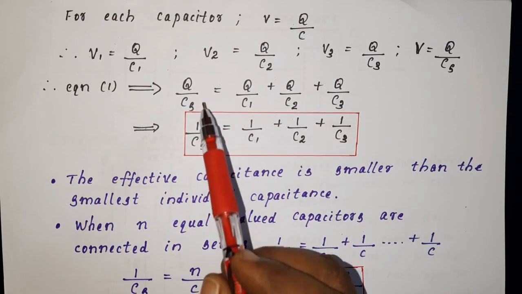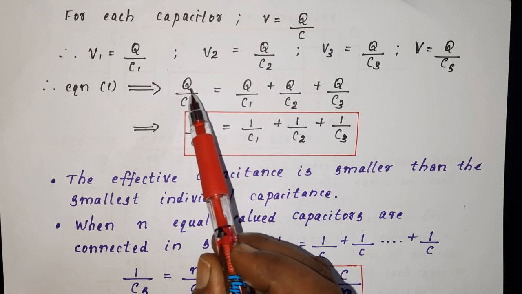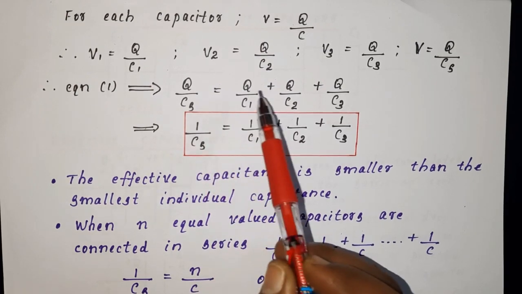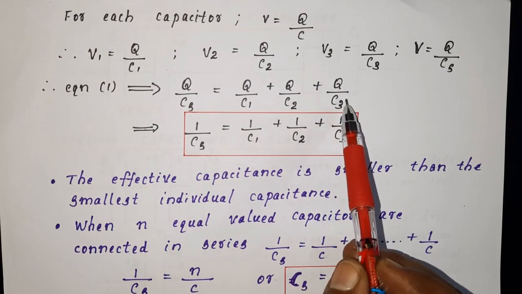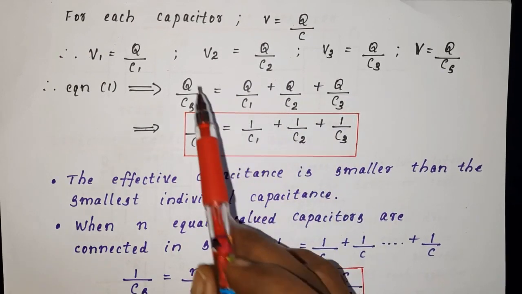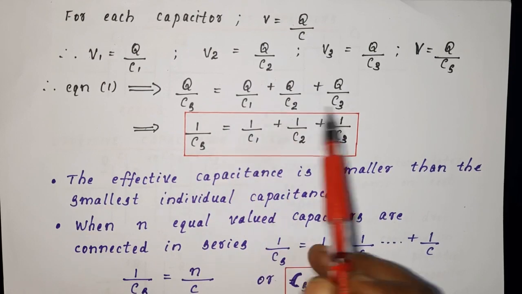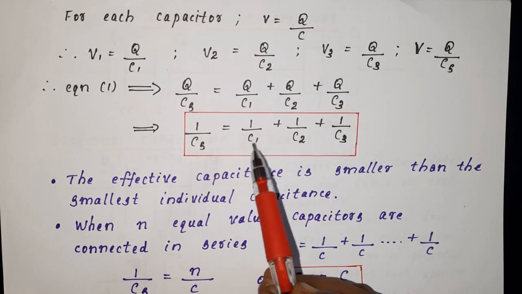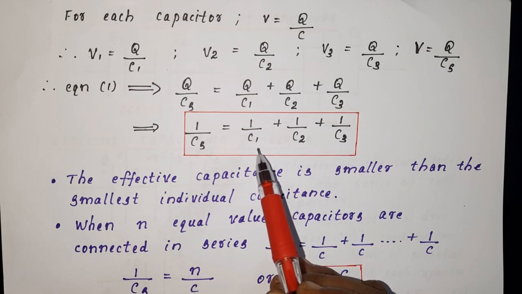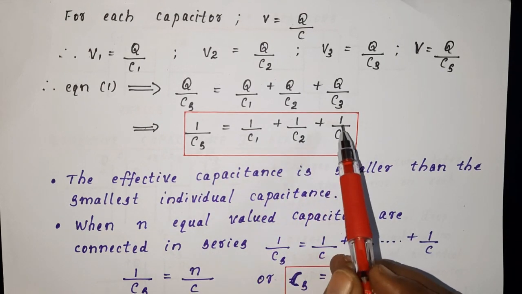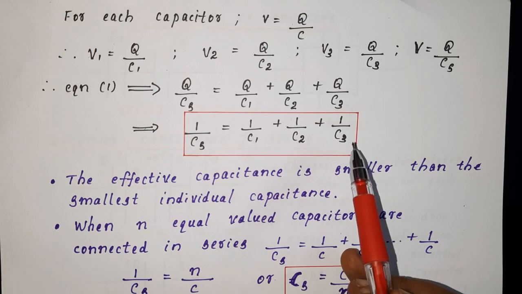Now substituting in that equation 1, we have Q by Cs is equal to Q by C1 plus Q by C2 plus Q by C3. The Q on either side of the equation gets cancelled, and what we get is 1 by Cs is equal to 1 by C1 plus 1 by C2 plus 1 by C3.